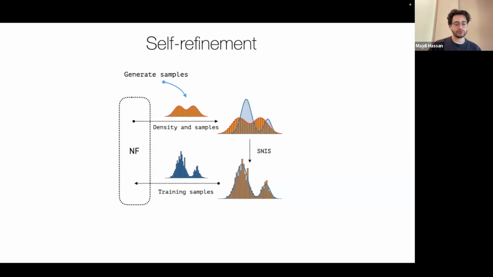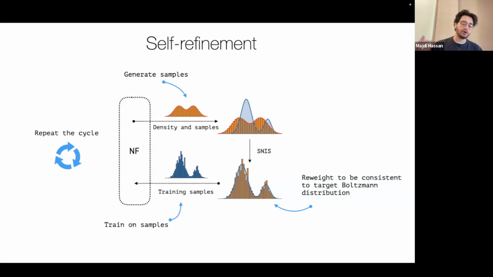First we generate samples from this pre-trained normalizing flow. Then we re-weight these samples to be consistent with the target Boltzmann distribution. And then we feed these samples back into the normalizing flow to update its parameters. And we do this in an iterative cycle.